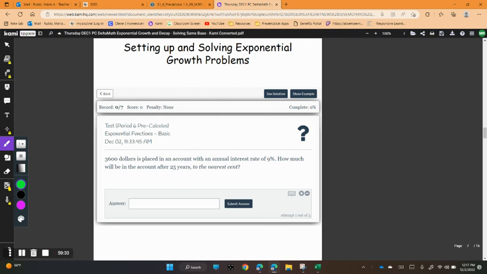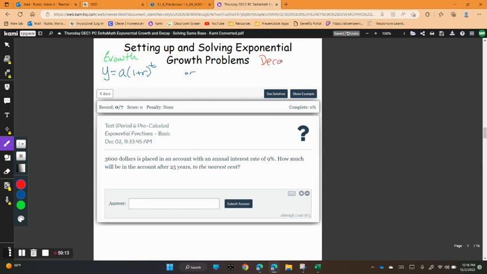You have to keep in mind first of all that there's two equations we're gonna use. It's either going to be y equals a times 1 plus r raised to the t, when it's, let's use green for growth.